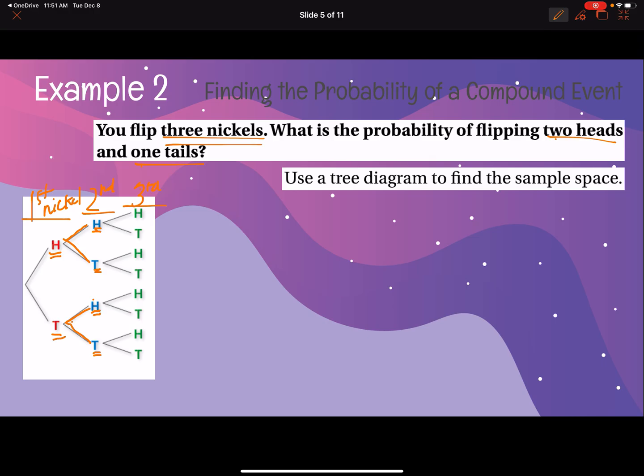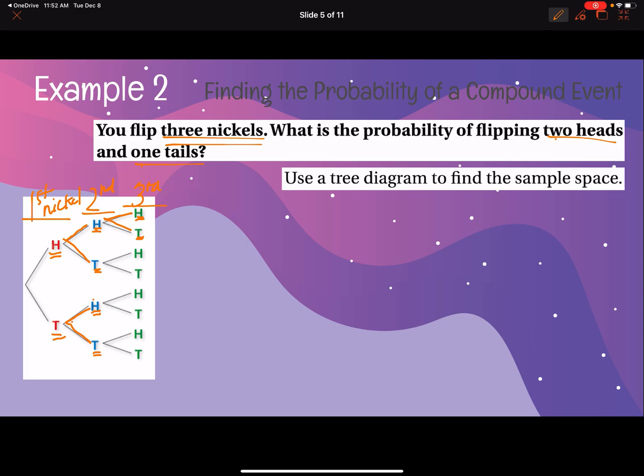Now, these are listing all the possibilities or outcomes. Now we flip the third nickel. Again, we could get another head. So this one time we could get head, head, head. Okay, we could also get head, head, tail.